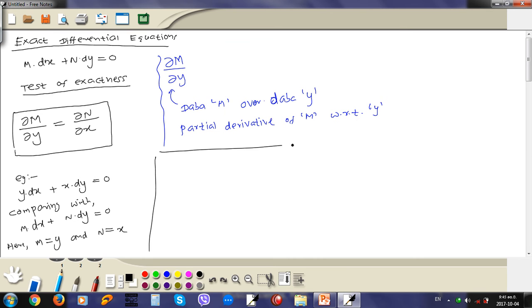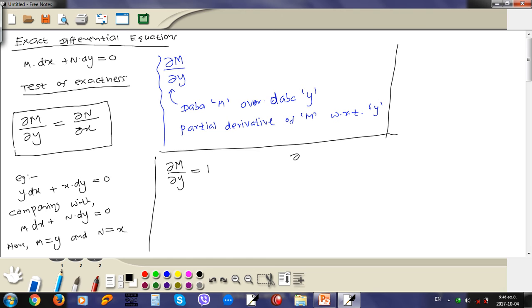What is the test for exactness? We have to find del M over del y, the partial derivative. Since M equals y, differentiating y with respect to y, the answer is 1.